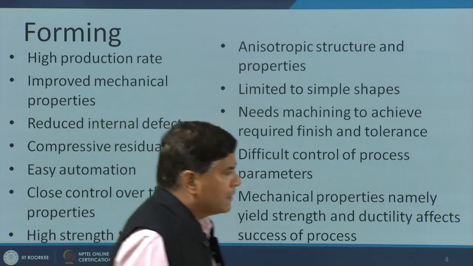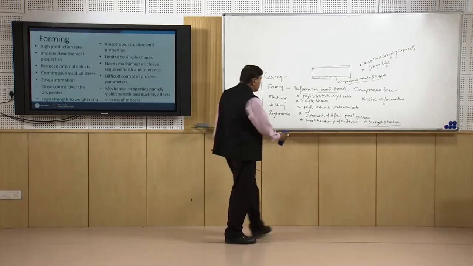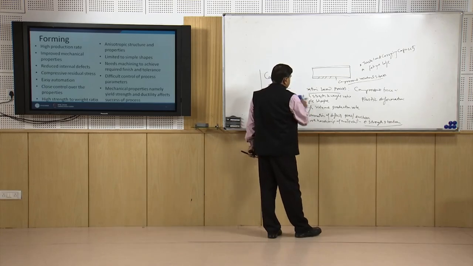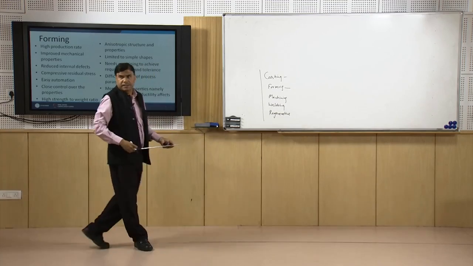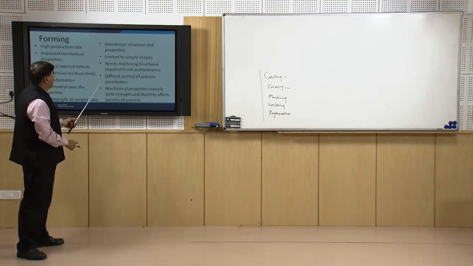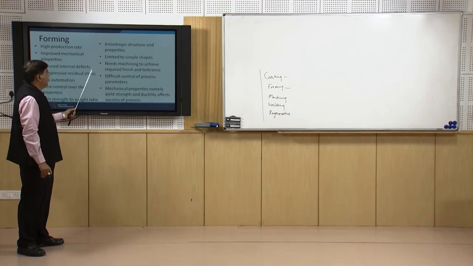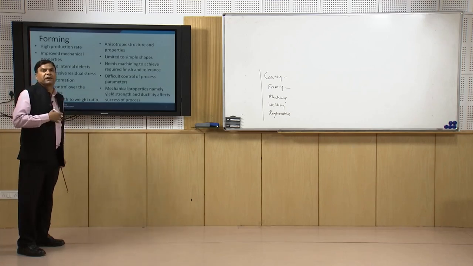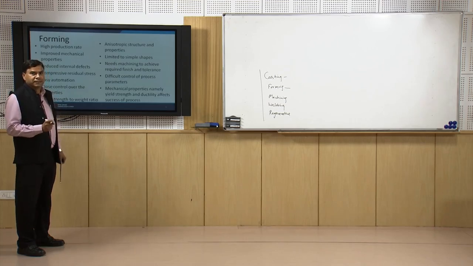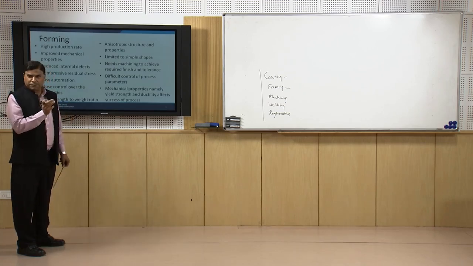But there are certain other issues and limitations related with the forming processes. So, these limitations include anisotropic structure and properties, and being limited to simpler shapes, because the deformation process really cannot help to achieve very complex shapes and very high aspect ratio.